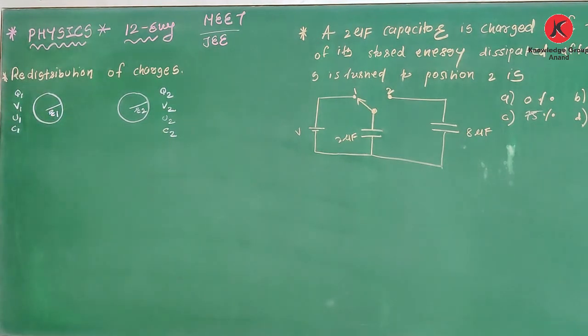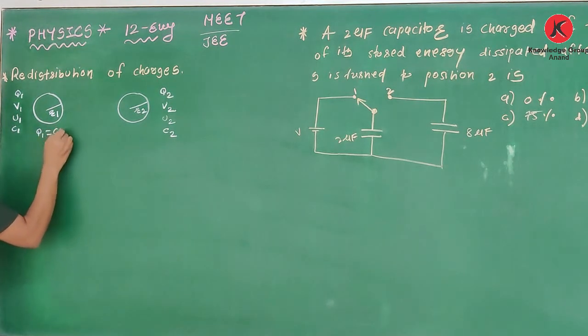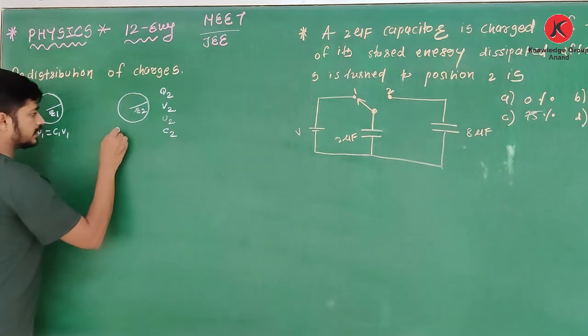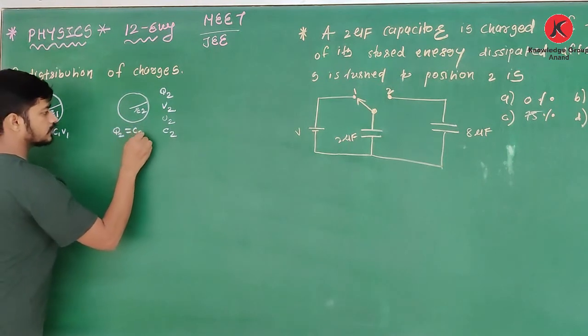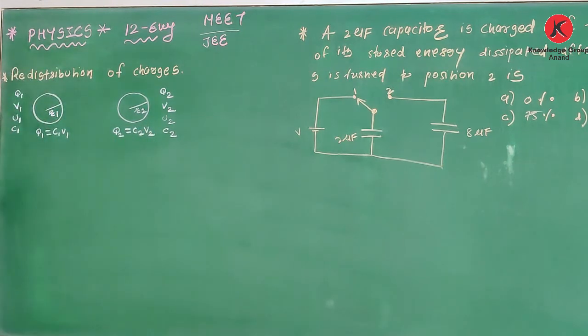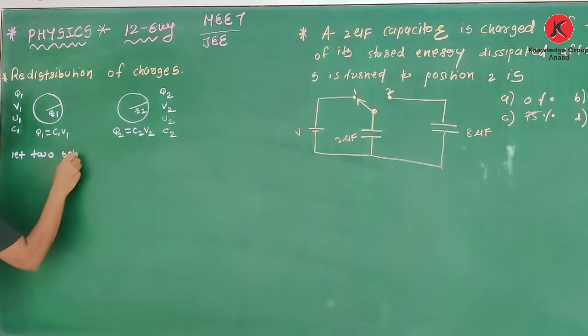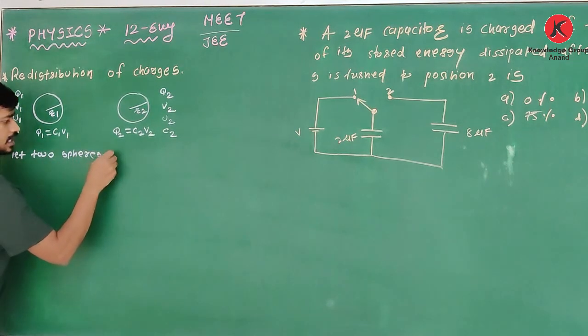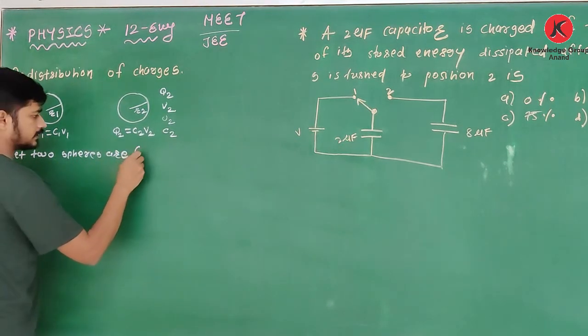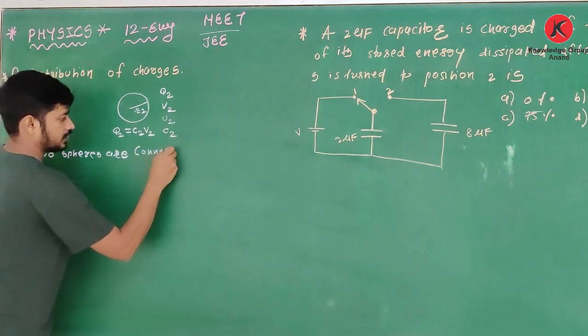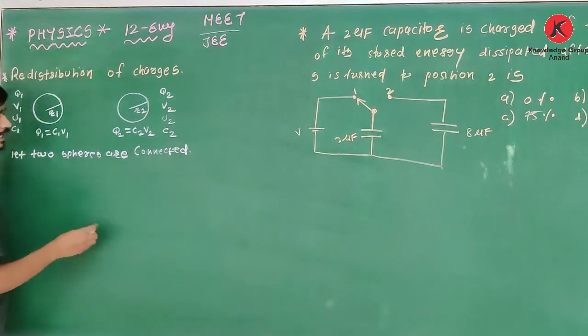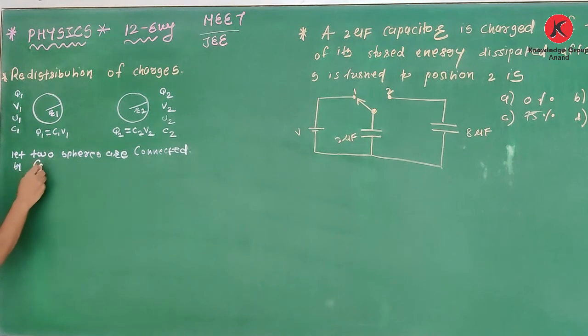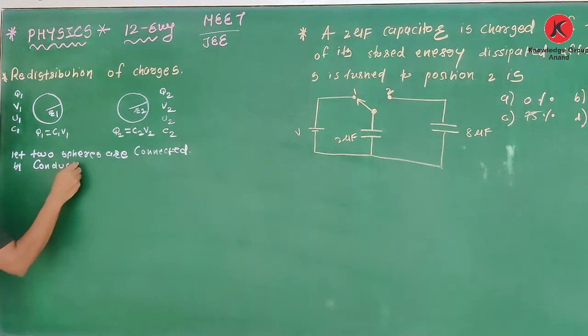Charge Q1 is equal to C1 V1. Here Q2 is equal to C2 V2. Now, let two spheres be connected by a conducting wire.